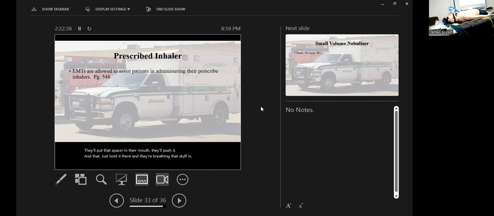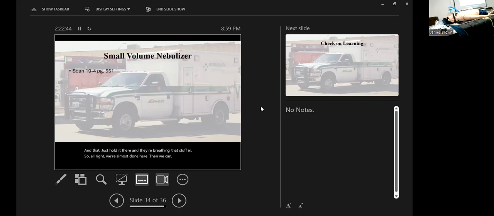All right, we're almost done here. Now we can do some more fun stuff. Small volume nebulizer. The most common drugs that we see in this are albuterol, ipratropium bromide, and Duoneb. And guess what Duoneb is?